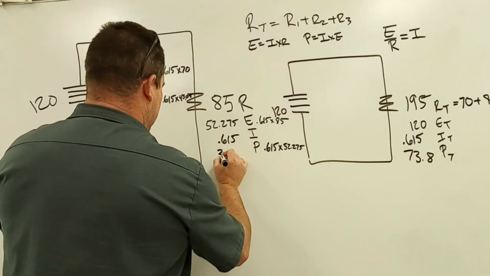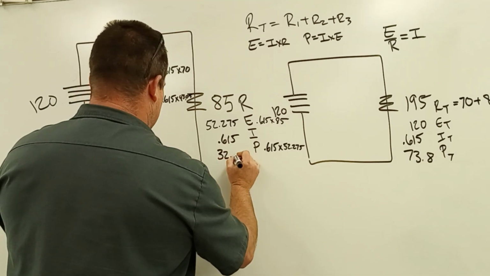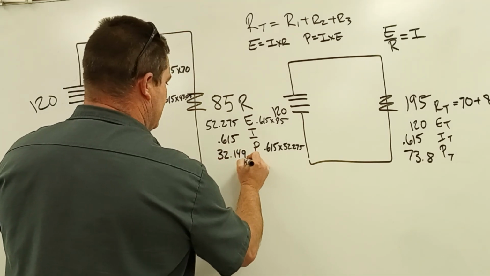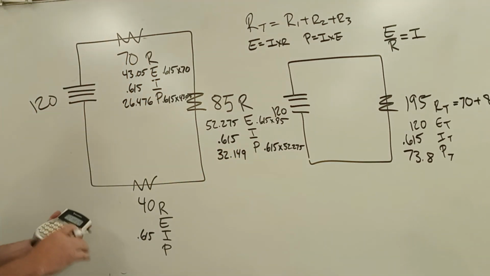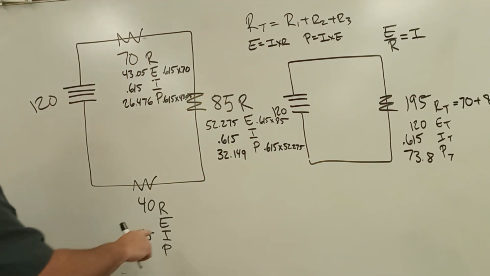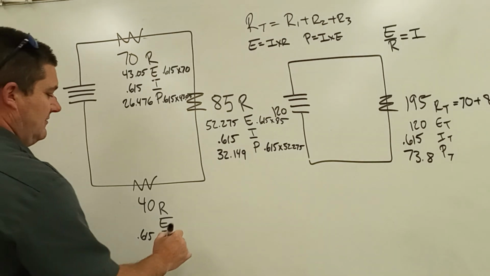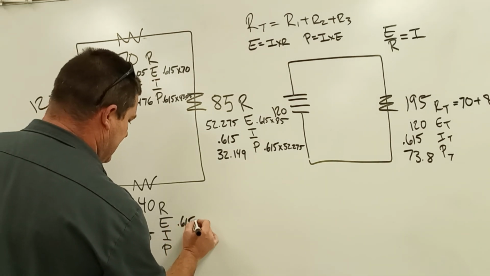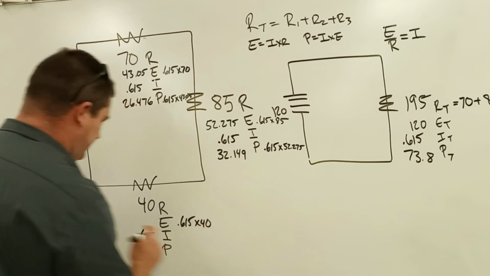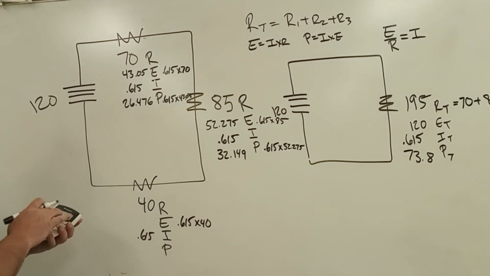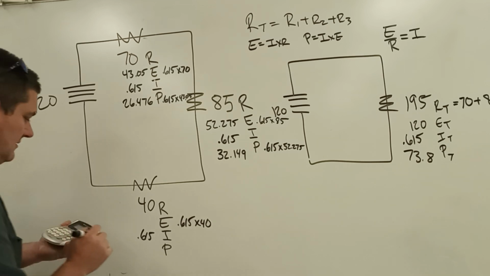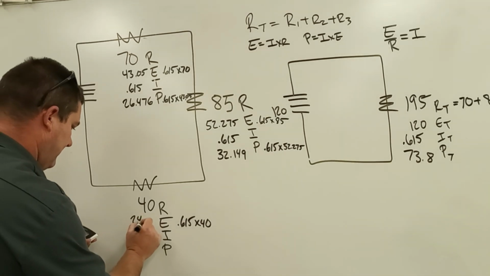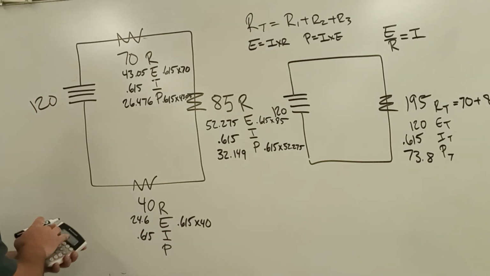And we have a wattage of 32.149 rounded. Same thing here, I times R, 0.615 times 40, $24.6.